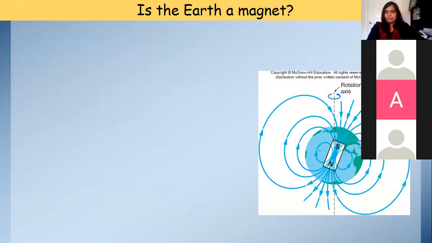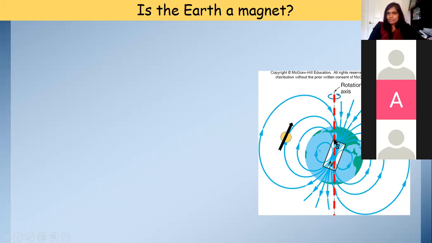Now, if you think about Earth, around the Earth there are big magnetic field lines going around, and basically there's a big magnet embedded inside the Earth like this one. So the south magnetic pole is at the geographical north pole. If you keep a compass, which is a little magnet, the magnet's north pole is seeking the geographical north pole, but basically this is the magnetic south pole of Earth.